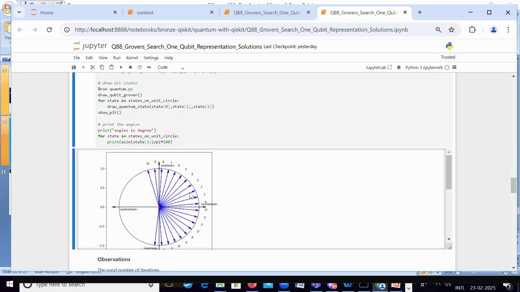As it is iterating, the angle here is smaller. And the marked element, just like that, the probability with each iteration of the steps is getting higher and higher. And the angle is increasing. The first, if it is this theta, then this will be theta plus theta, that will be 2 theta, and so on.